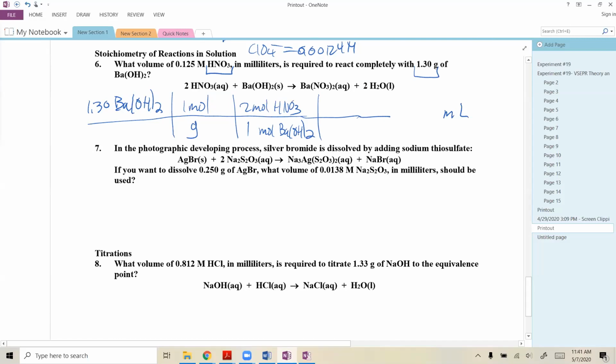How can we go from moles of nitric acid into a volume of it? The molarity. The molarity. So we can use the molarity: 1 liter of our HNO3 solution is 0.125 moles of HNO3. And then what's our last step that we need to do?